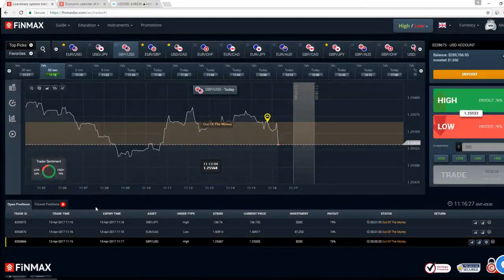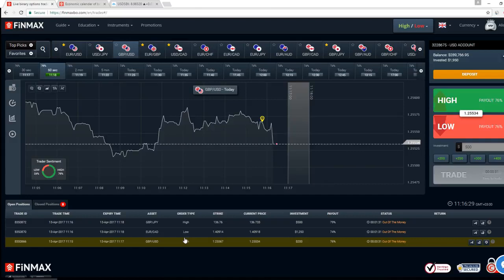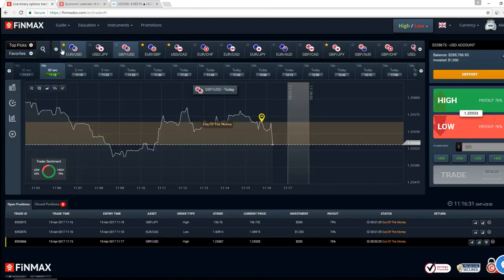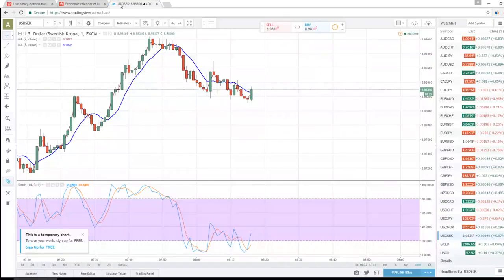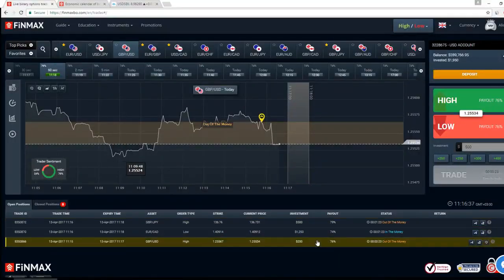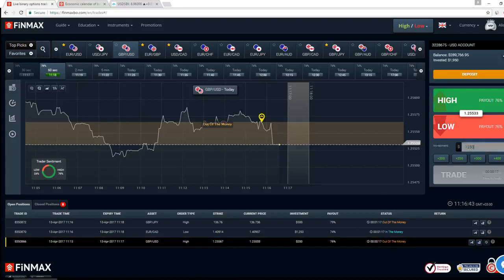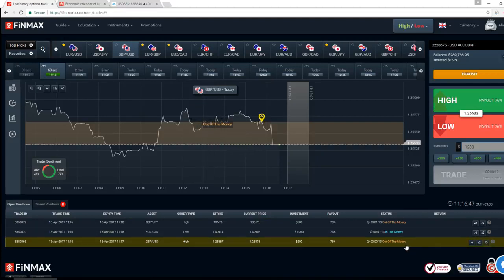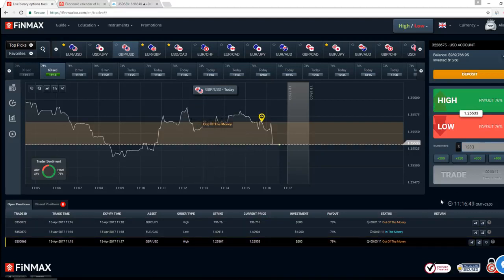Okay, interesting. I will wait till this trade expires, we'll open the next one, and after that I will open the next one.